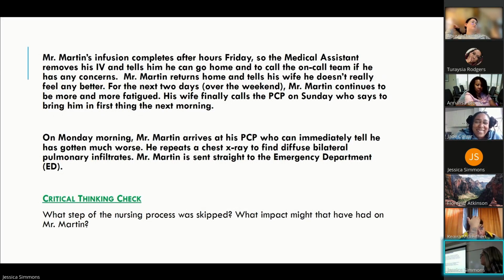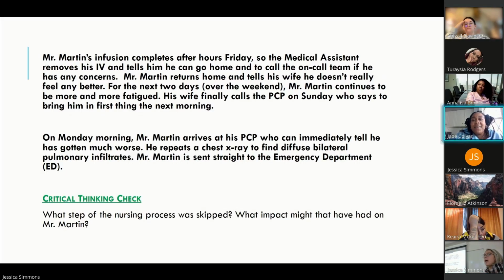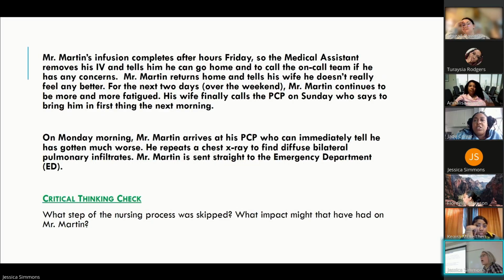Okay. What step of the nursing process was skipped? What impact might that have had on Mr. Martin? Okay, so let's think about our nursing process. ADPIE. What is it? Assessment, diagnosis, planning, implementation, and evaluation.